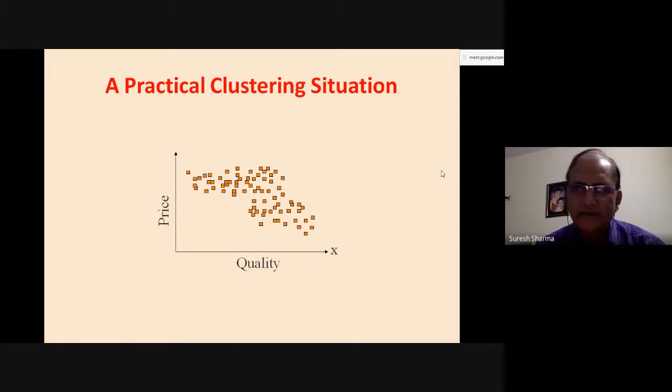That distance is called Euclidean distance, in short written as ED. There is a mathematical formula to compute Euclidean distance: x1 minus x2, put the bracket and square that quantity, plus y1 minus y2, take the difference and square that quantity.